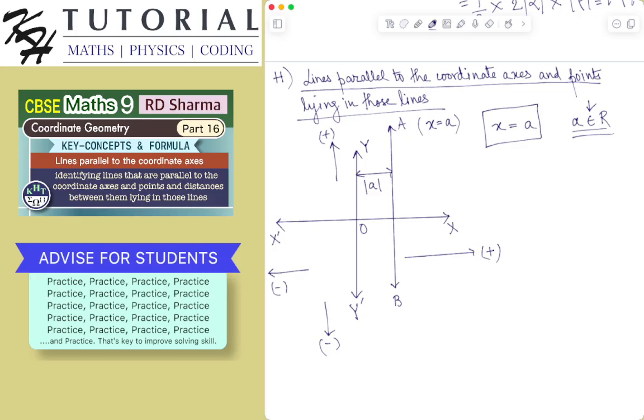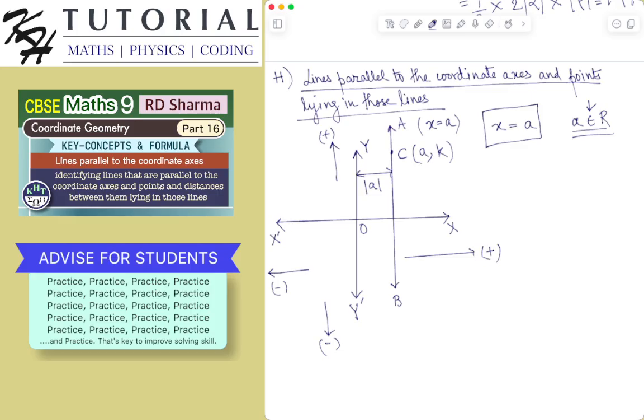Now let's talk about the points lying on this line AB, which is parallel to the y-axis. Let's say I have a point C. All points on this line AB will be of the form (a, k), where k is a real number.